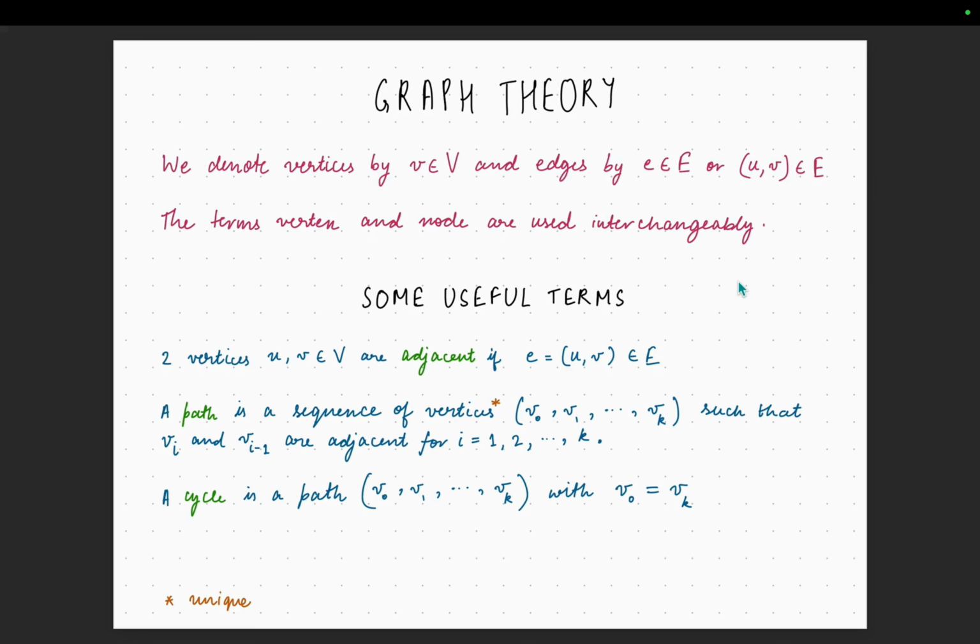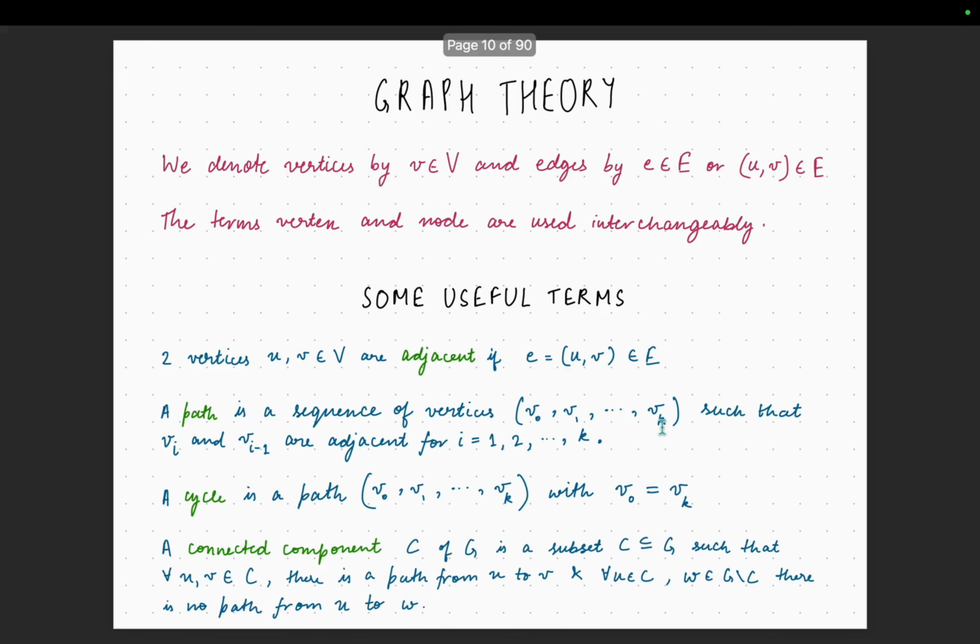So basically what this means is that you can go from V0 to Vk if you think of vertices as cities and edges as, say, roads. That is a path. And a cycle is also a path with V0 equal to Vk. So you can start at one vertex and come back to it without repeating any vertices in between.